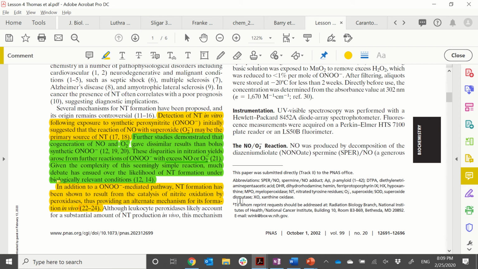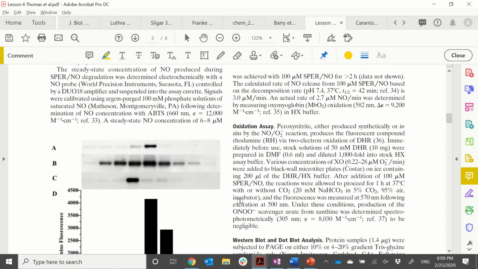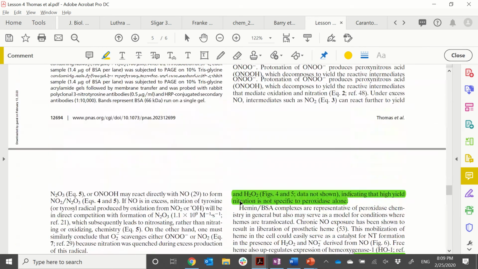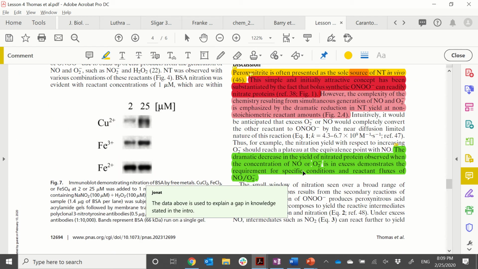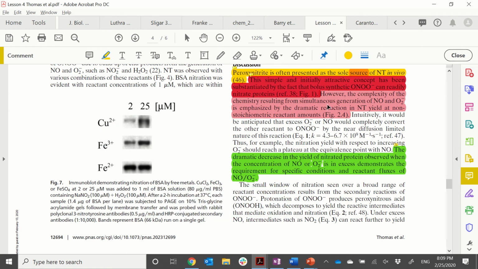And so the point of this sentence highlighted in green is intentionally to echo back to the introduction and say, well, these data appear to explain why some of these results are hard to interpret or are inconsistent across other studies.